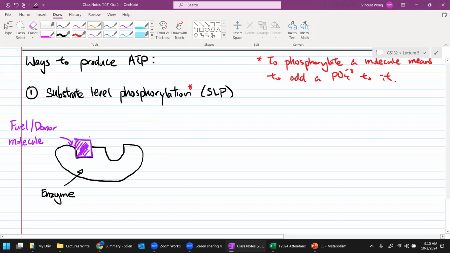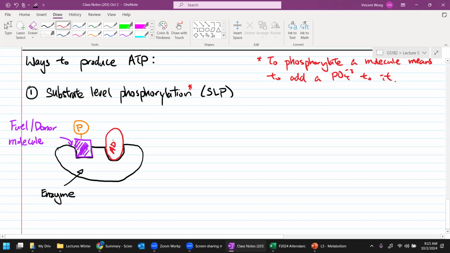And this guy has an extra phosphate that it doesn't mind giving away, donating it. Does anybody remember the empty version of ATP? If you use up the energy in ATP, what molecule does it become? ADP, exactly. So here we're gonna have an ADP molecule.